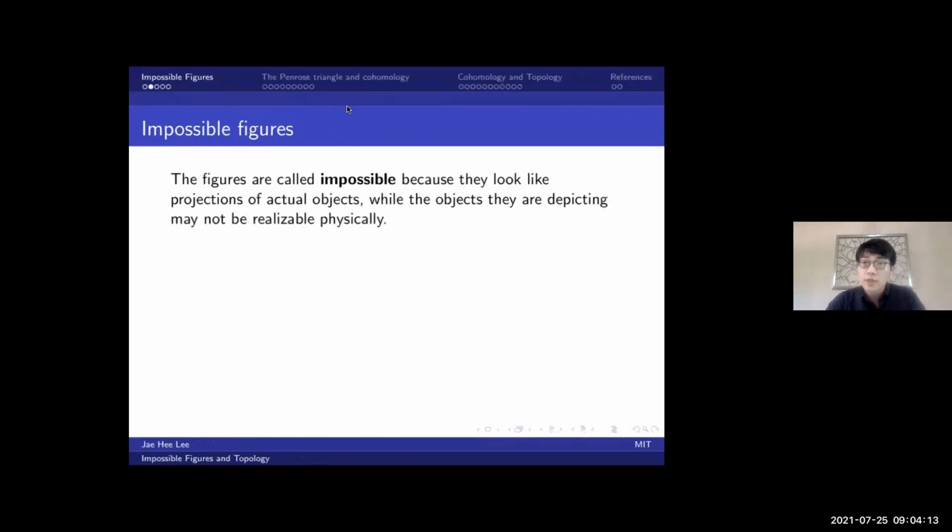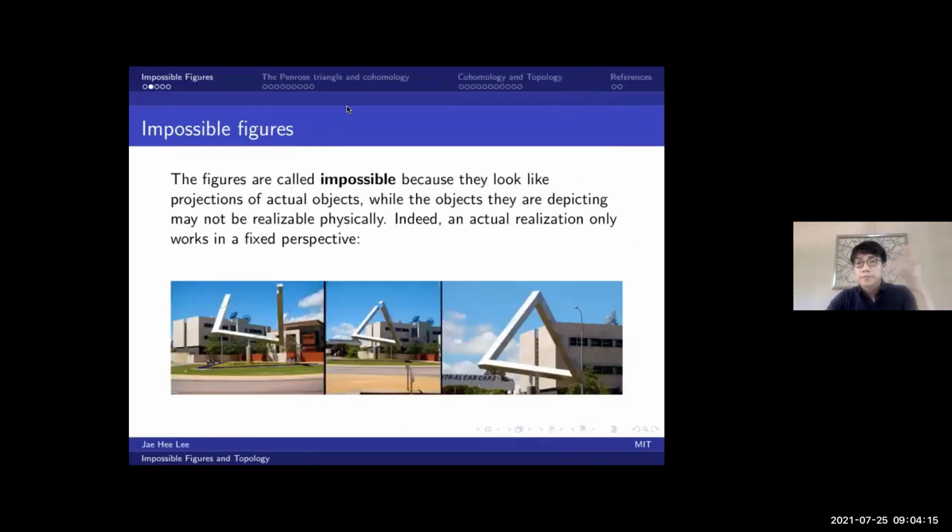And as you can see, there are some actual attempts to recover this Penrose triangle in three-dimensional space. If you look at this sculpture from a certain perspective, it exactly looks like this 2D projection, the Penrose triangle figure.